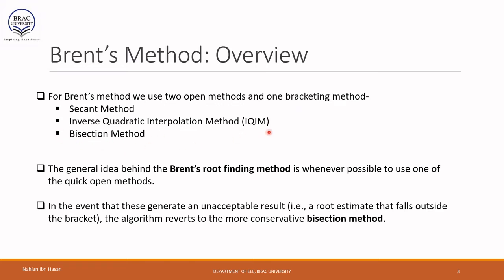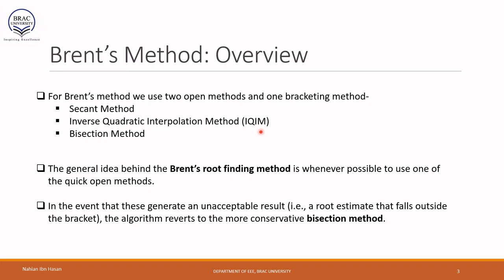The general idea is that whenever possible we are going to use the speedy open methods, one of the open methods like the secant method or the inverse quadratic interpolation method. But whenever throughout the calculation the result is unacceptable, we revert back to the bisection method, since the bisection method ensures the finding of a root. Otherwise we use one of the open methods.